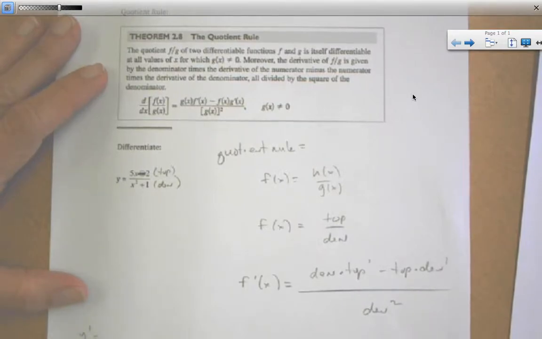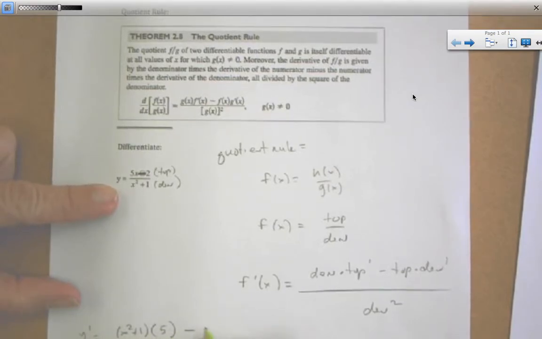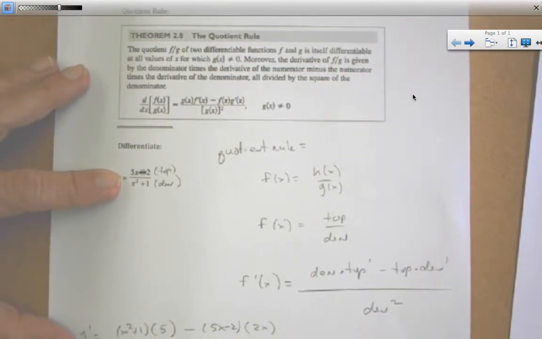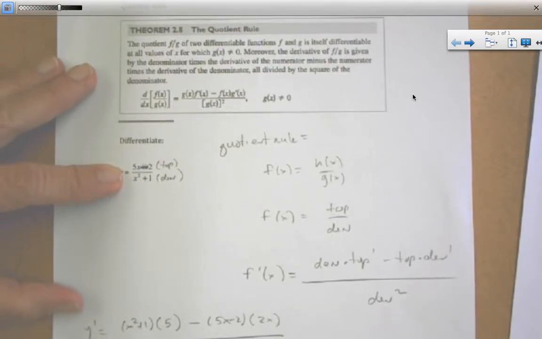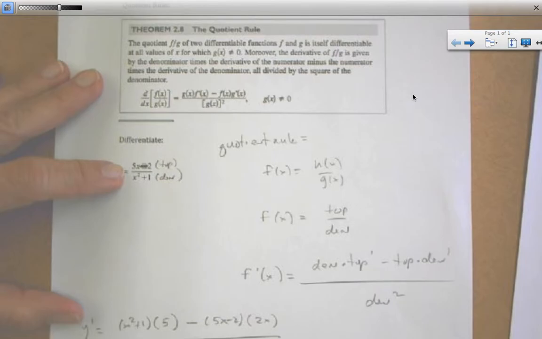So y prime is denom, x squared plus 1, times the derivative of the top, 5, minus 5x minus the top, times the derivative of the denominator, over the denominator squared. 5x squared plus 5 minus, I'm going to go ahead and multiply before distributing my sign.